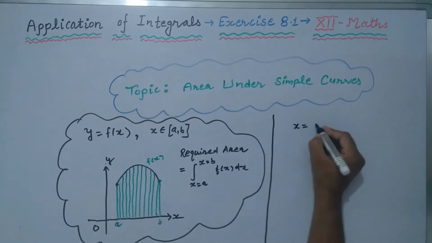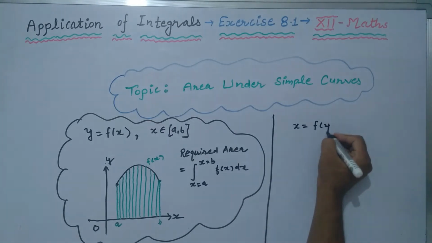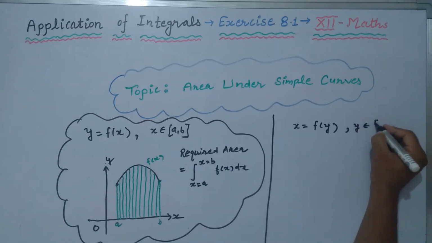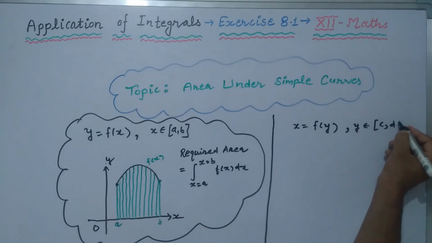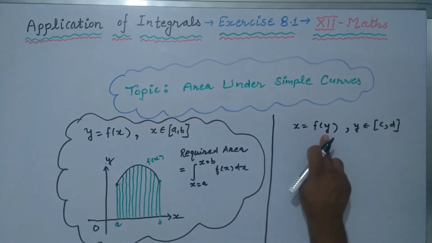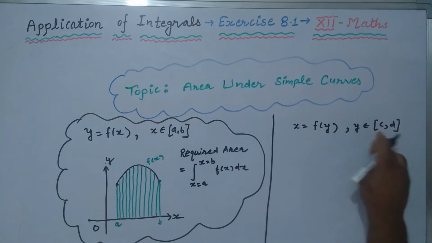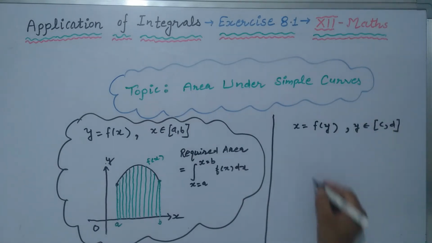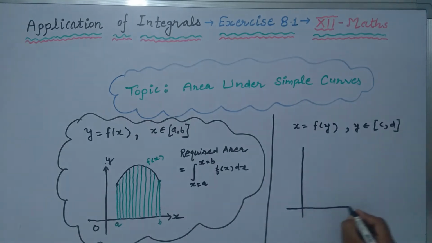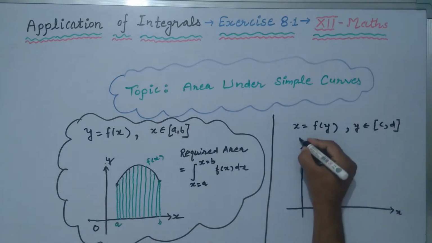x is equal to f of y, where y belongs to c to d. The function f of y is well defined in the closed interval c to d. Here again we have the Cartesian plane, x-axis, y-axis.